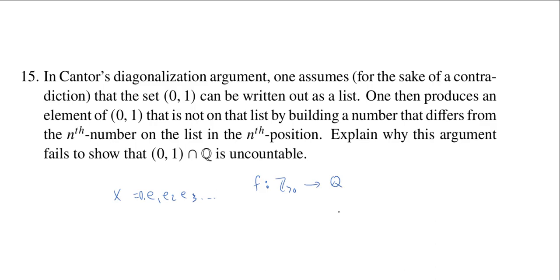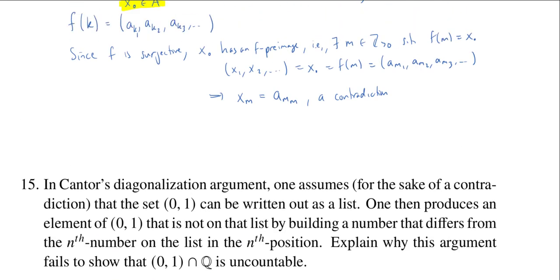And this is the issue. When we build the x in the way that we try to build it using Cantor's diagonalization argument, there is no guarantee, in fact, no reason to even think, that this x is in Q. Okay, so likely x is not an element of Q. And if it's not an element of Q, this means x has no f preimage.